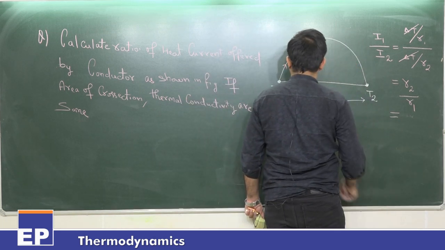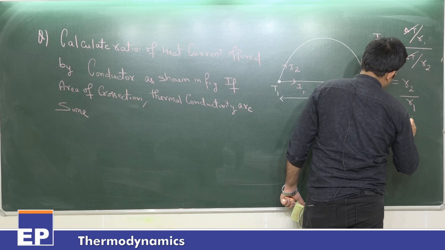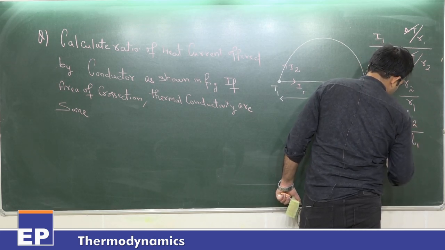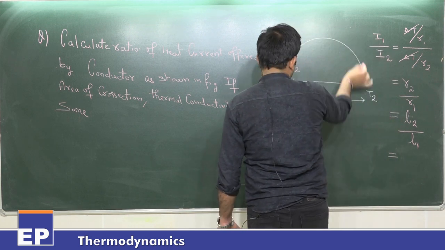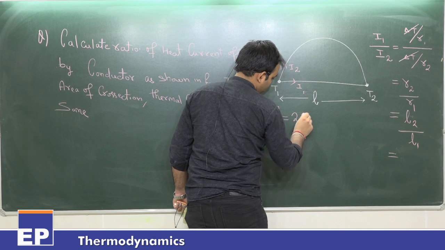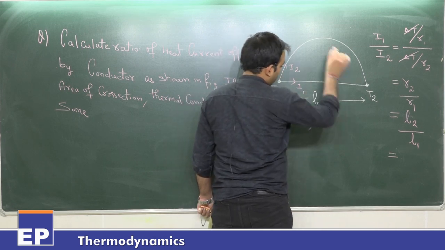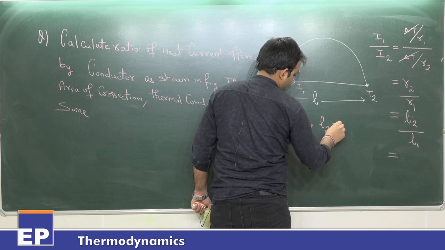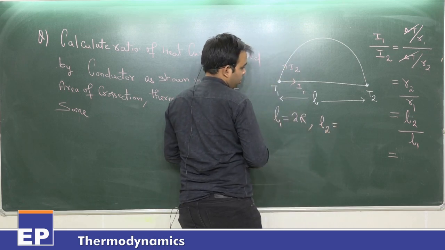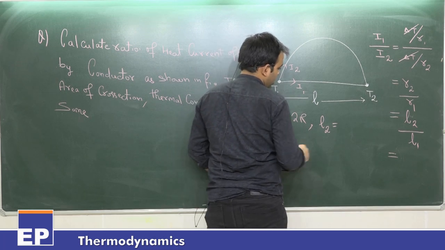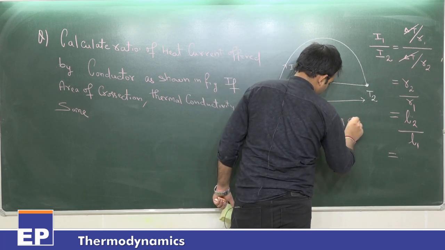So what is R2? It is जितनी उसकी length है. Now what is the length of this? If it is L, L is 2R, just radius. And इसकी लेंथ कितनी होगी? L1. That is pi r.